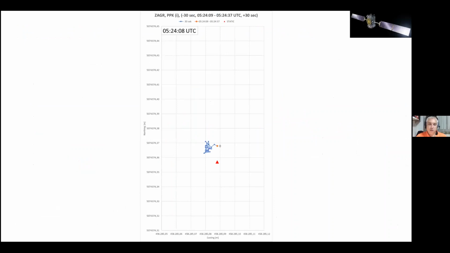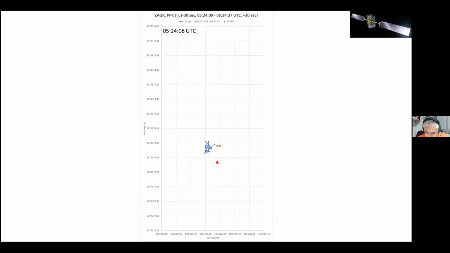So if we put together easting and northing, at just 5 or 6 seconds after the source of the earthquake, the situation looked like this.